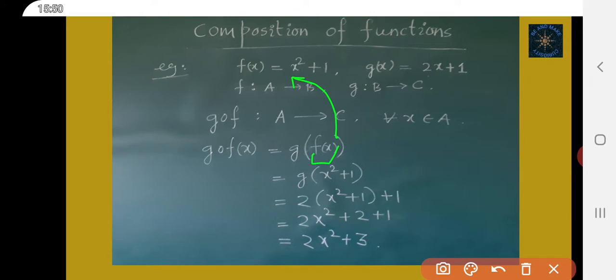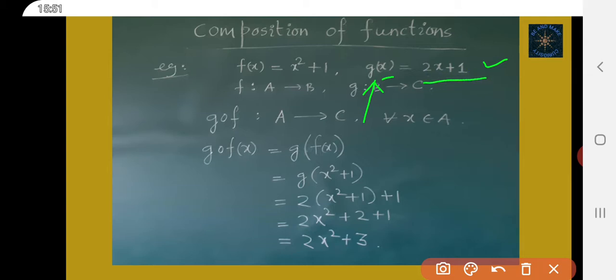So here you can write g of x square plus 1, and g of x is defined as, when you give input x, you have 2x plus 1. That means g of x is equal to 2x plus 1.